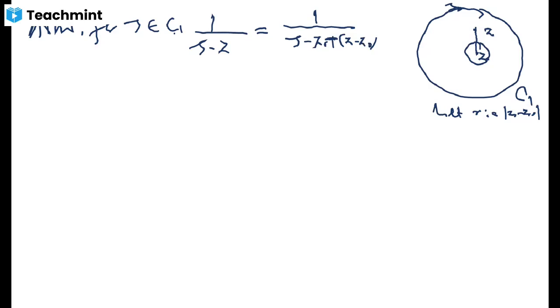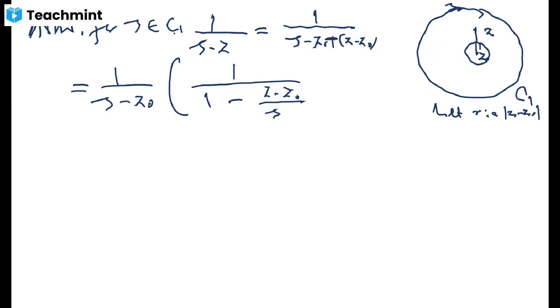And now what you're going to do, you just bring out this zeta minus z naught, and that will give you 1 upon zeta minus z naught, and then you are left with 1 over 1 minus z minus z naught upon zeta minus z naught. Now you expand this through geometric series, this 1 upon 1 minus c, where c is now this ratio z minus z naught and zeta minus z naught.